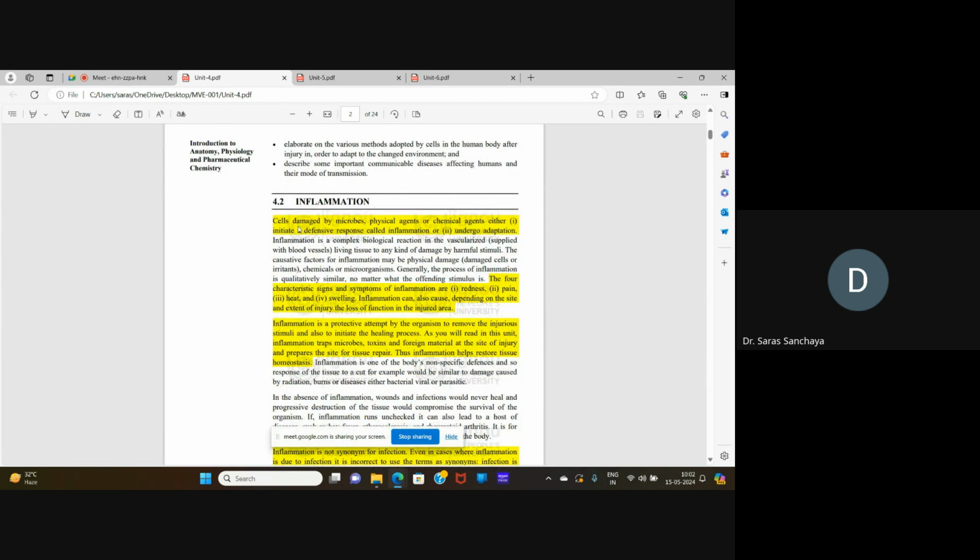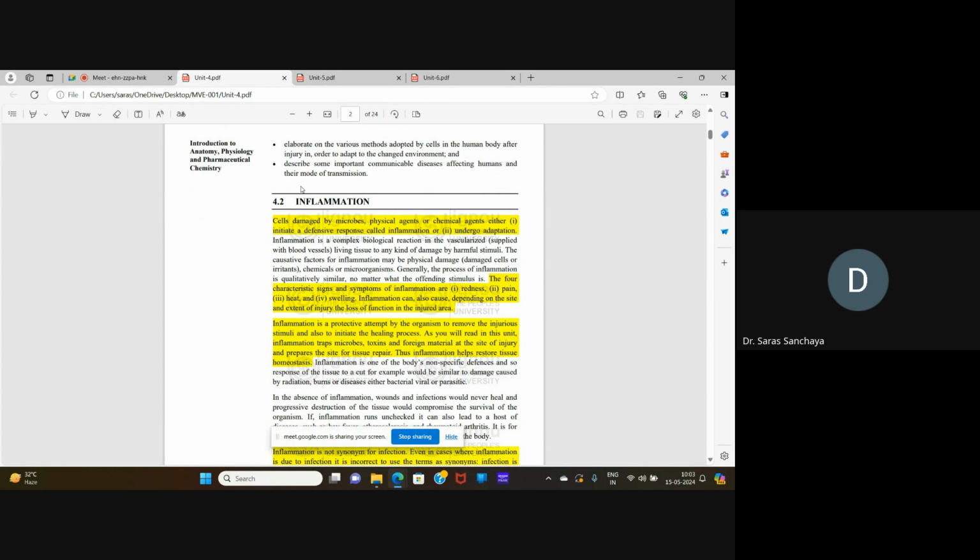What is inflammation? Cells damaged by microbes, physical agents or chemical agents either initiate a defensive response called inflammation, or they can undergo adaptation. So cells damaged by any external factors, any physical agent or chemical agent, can either undergo adaptation, and the defensive response is called inflammation.